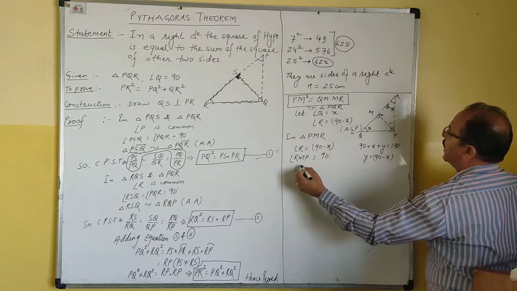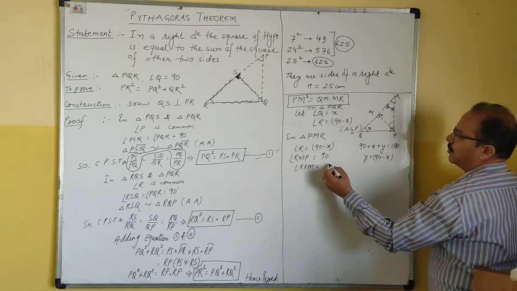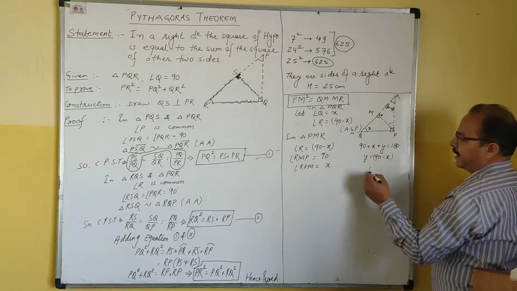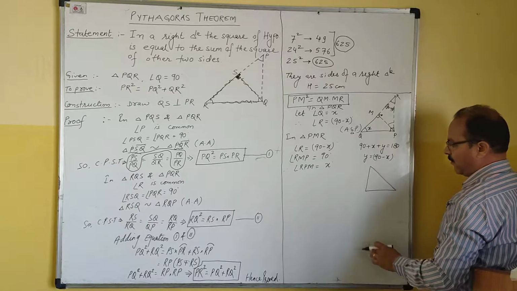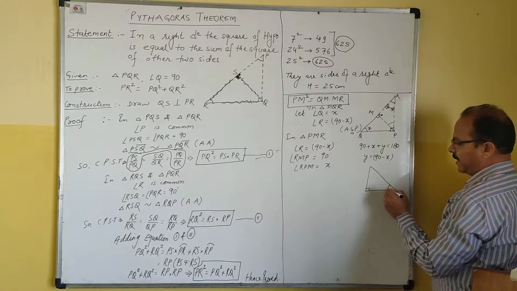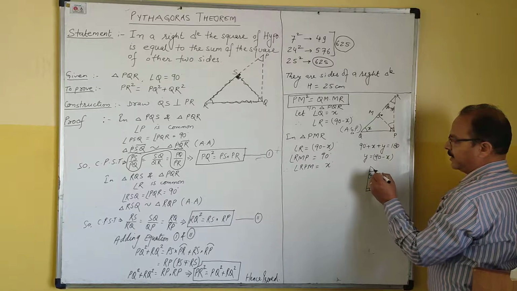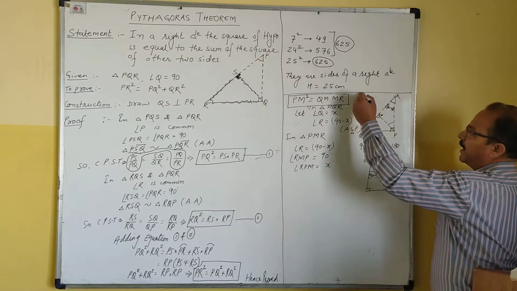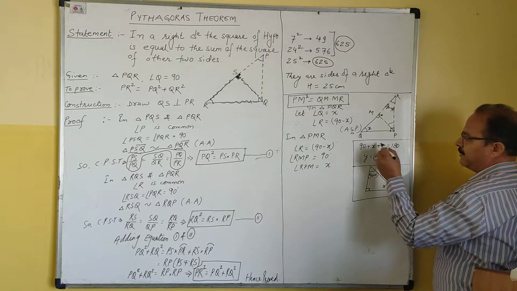Therefore, angle RPM will be equal to x. Why? Because in a right angle triangle, students, remember this thing: if you are taking one angle as x, the other one will be 90 minus x. If you are taking this as 90 minus x, then this will be x, because this is 90 degrees.